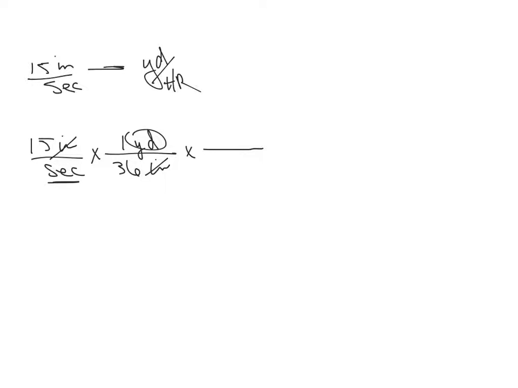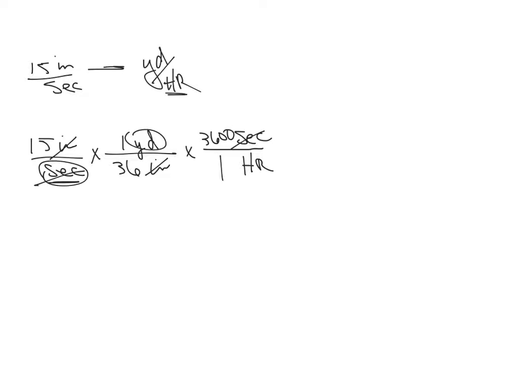Now we're going to change seconds to hours. So we have seconds on the bottom here, so we're going to put seconds on the top there. Do we know anything about seconds and hours? Yeah, we know that there's 3,600 seconds in 1 hour. Now we could have said 60 seconds in a minute and then 60 minutes in an hour, but we don't have to.